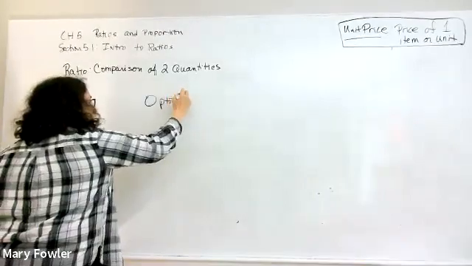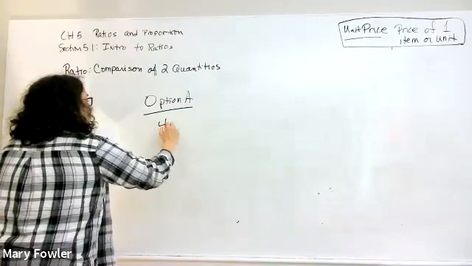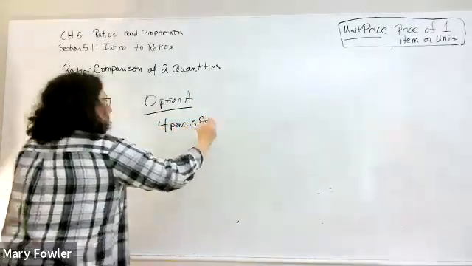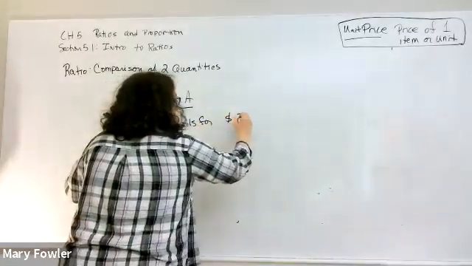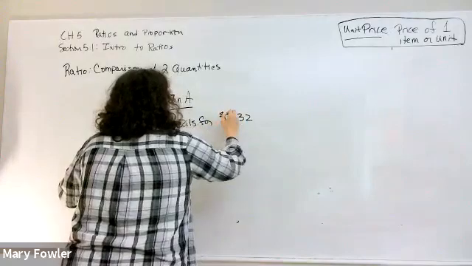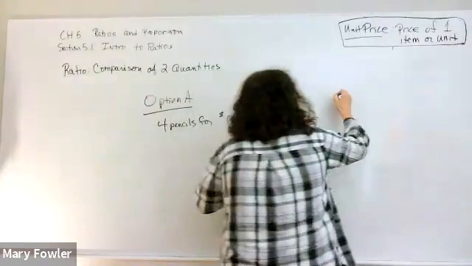The first option is 4 pencils for 32 cents, or 0.32 of a dollar. Okay, that's option A.